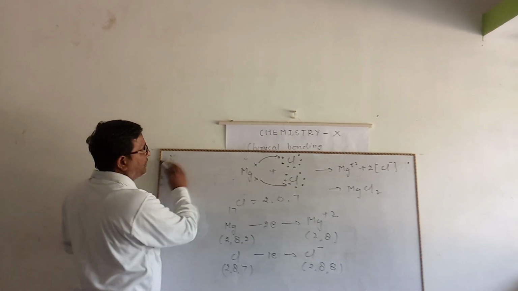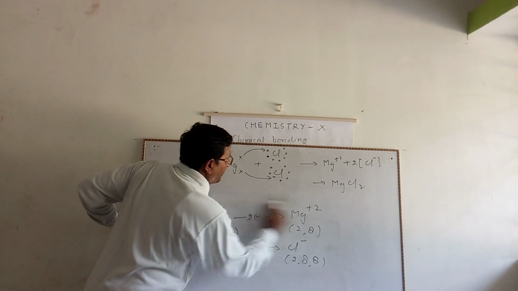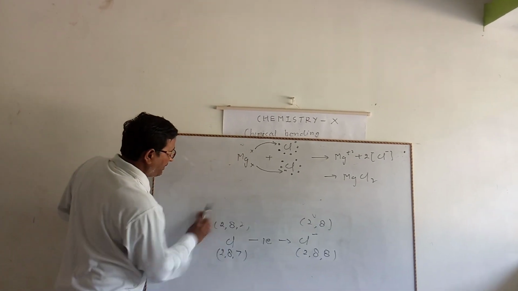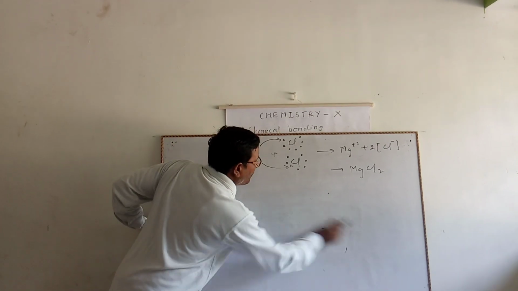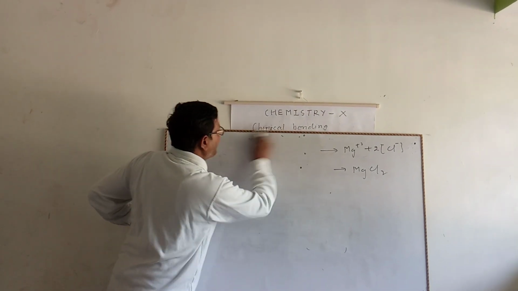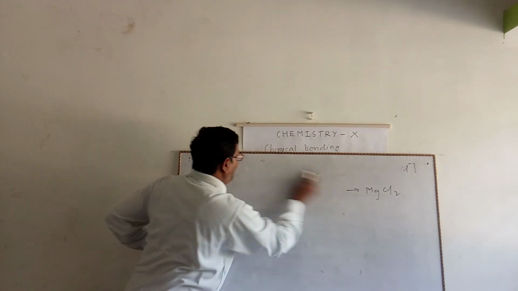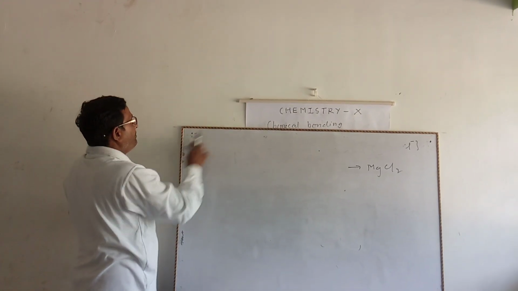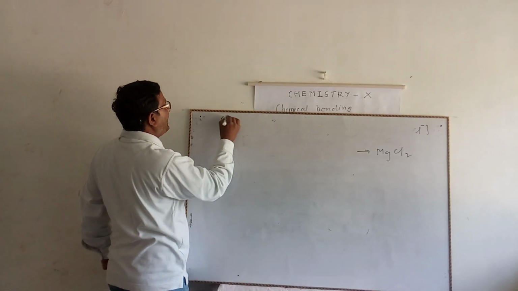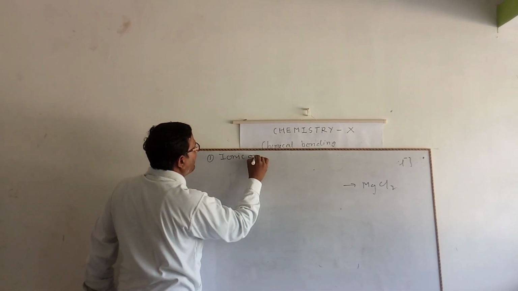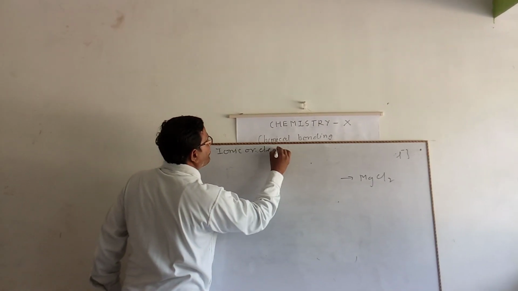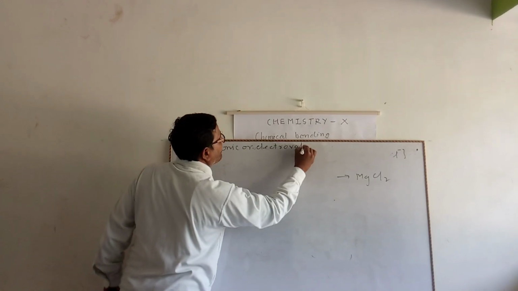Now I am going to start the second type of chemical bond, that is the covalent compound. First one in the chemical bonding chapter, ionic or electrovalent compounds, that is over.